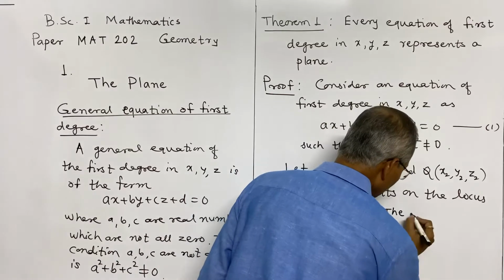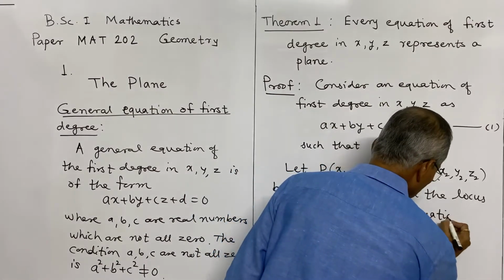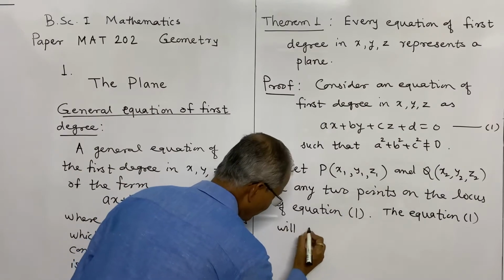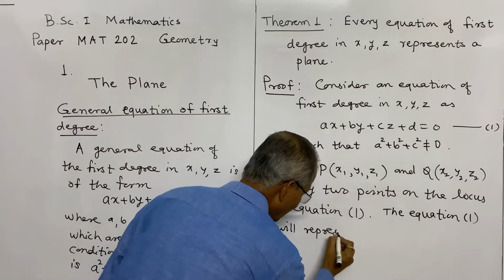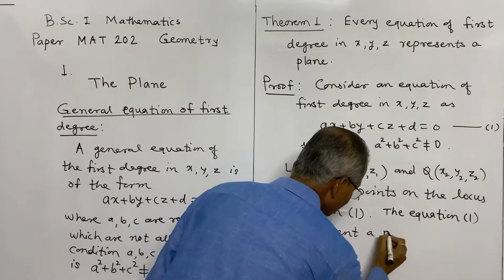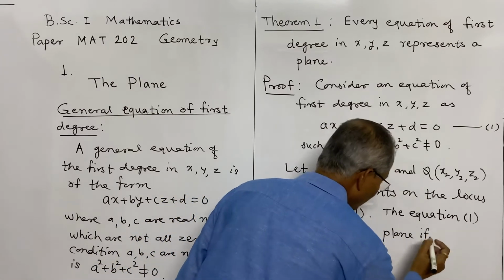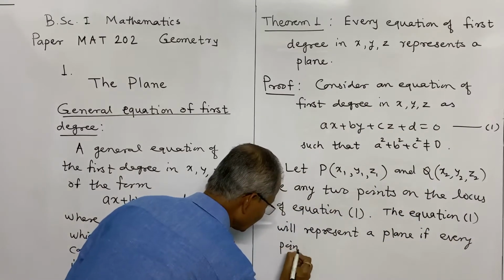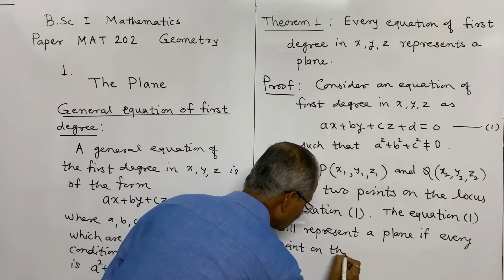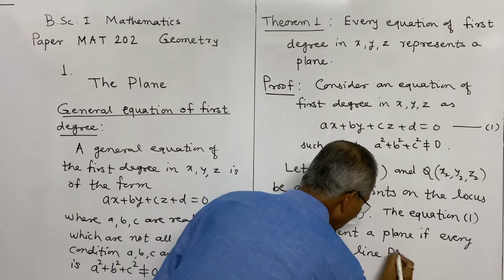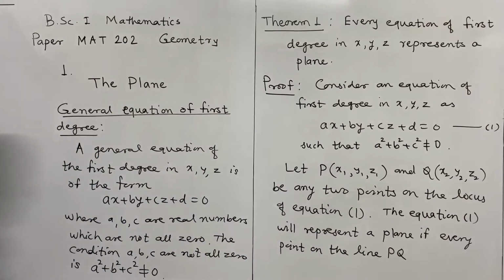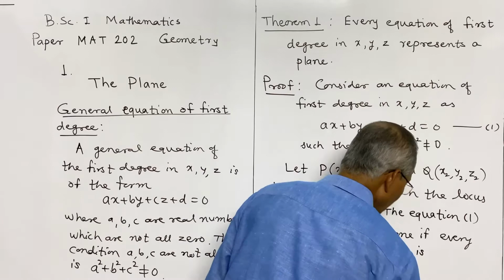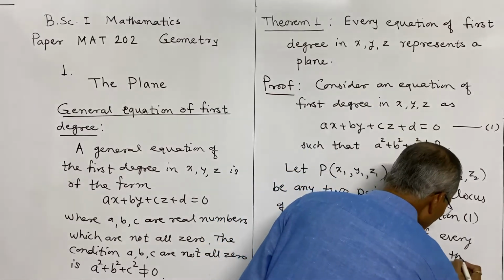The equation 1 will represent a plane if every point on the line PQ is on the locus.